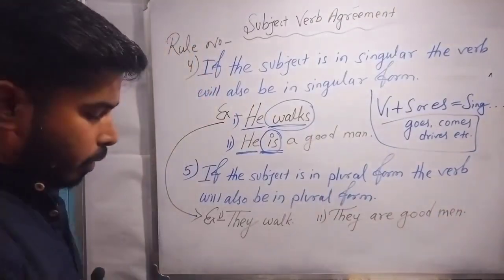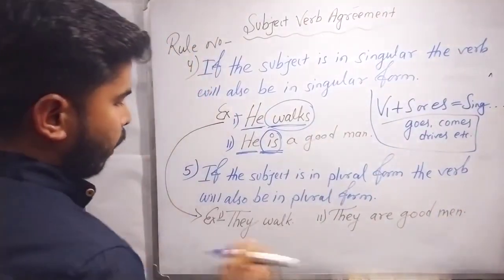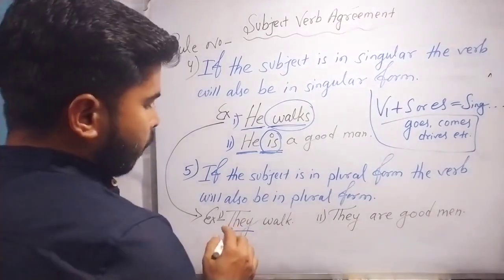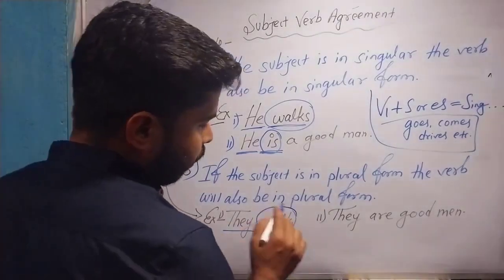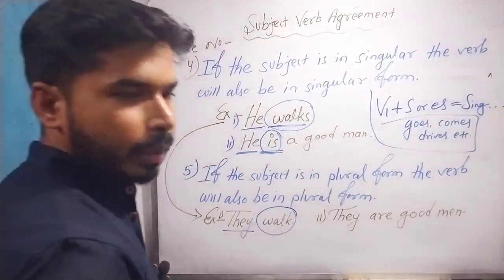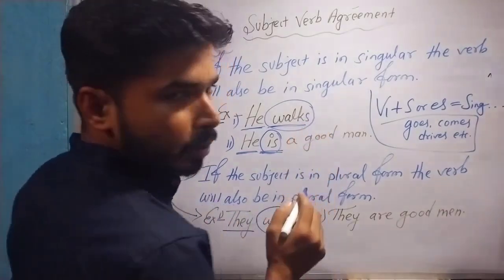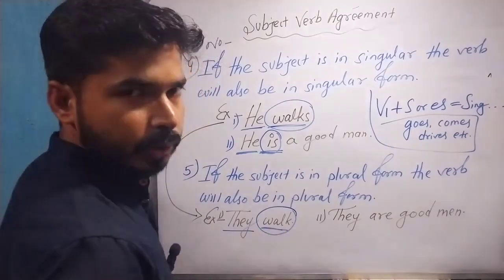If you notice, in the first example, the subject is they, and the verb is also in the plural form, because walks is singular, but walk is always plural.